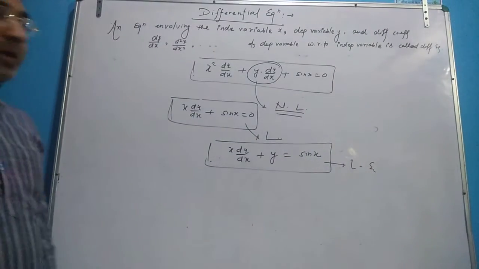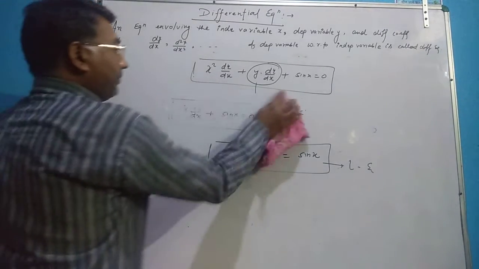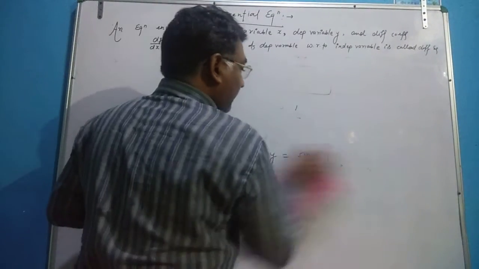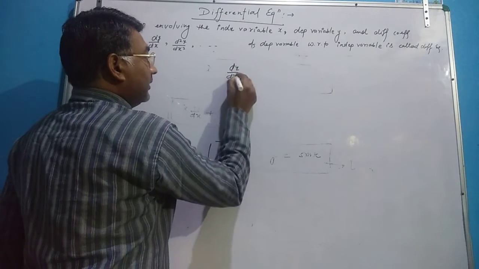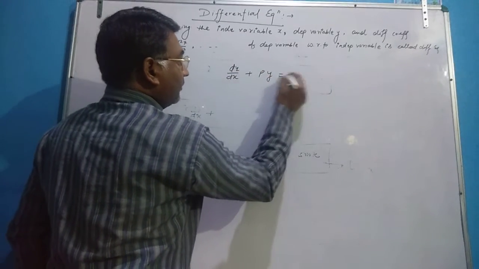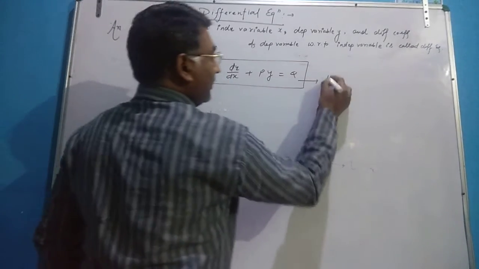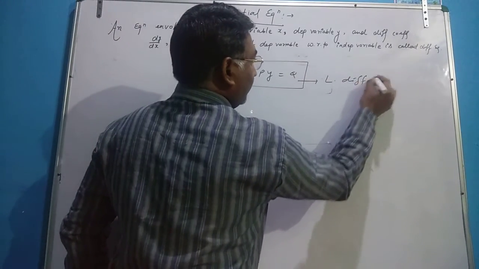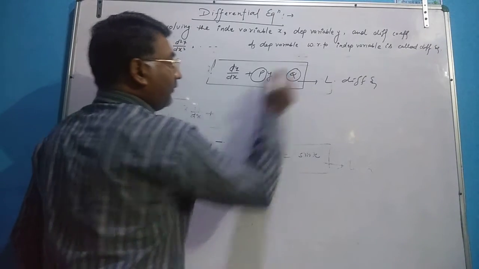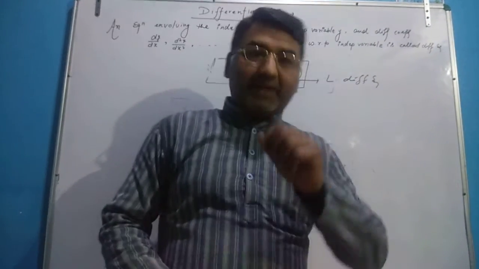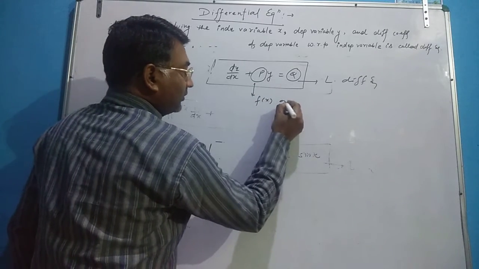So the general expression of a linear differential equation is dy by dx plus Py equals Q. This is the general form of the linear differential equation. Here P and Q are functions of x or constants.